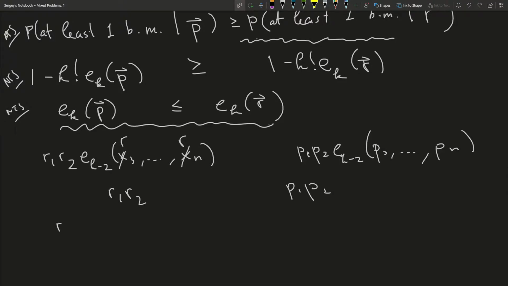Now recall that R1 equals R2 equals P1 plus P2 over 2. So R1 times R2 is the square of P1 plus P2 over 2. And by the arithmetic mean geometric mean inequality, we know that the square of P1 plus P2 over 2 is bigger or equal to the square of the square root of P1 P2.